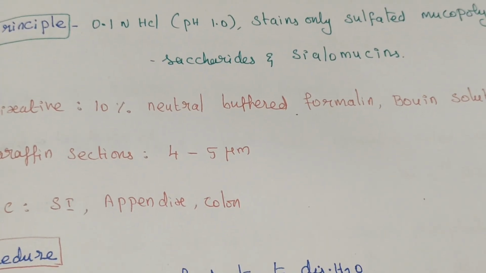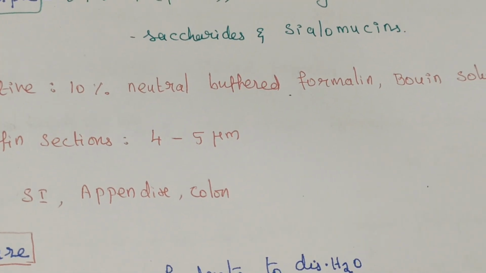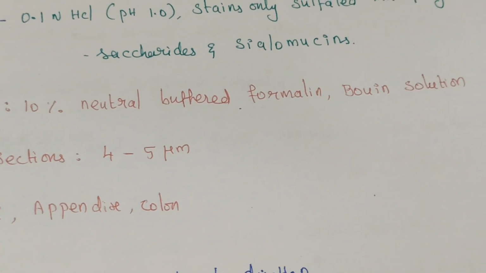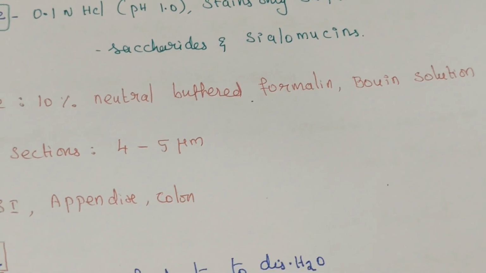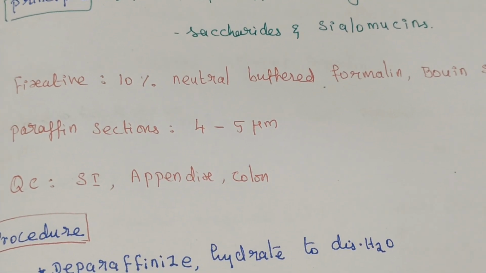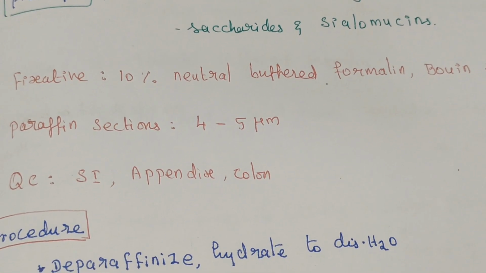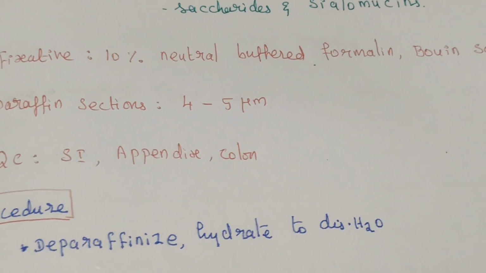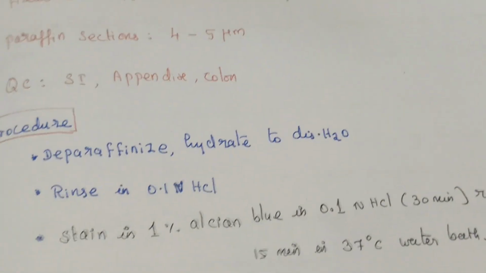Here the fixative we are using is 10% neutral buffered formalin solution. The tissue is cut at 4 to 5 micrometers, with quality control of small intestine, appendix and colon.